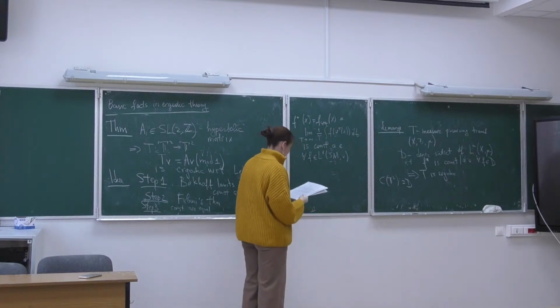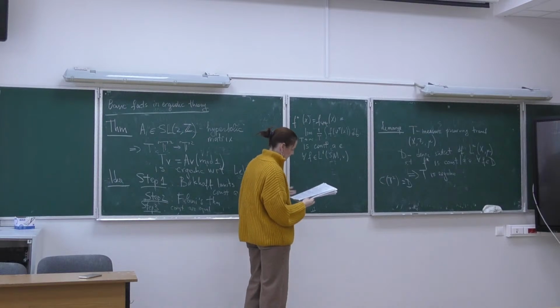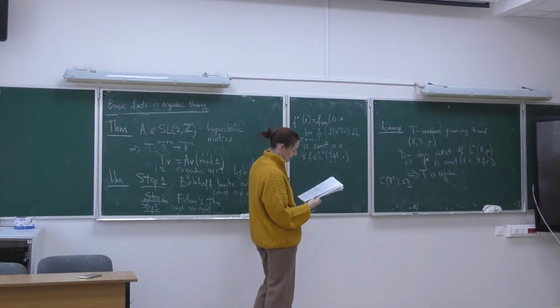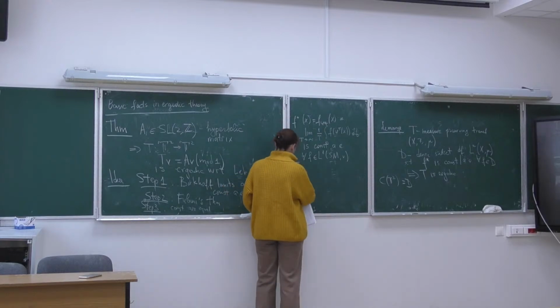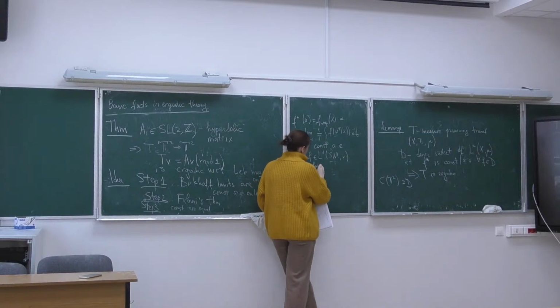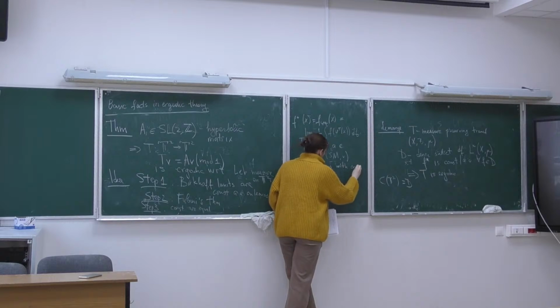So it's sufficient to check it for every continuous function with compact support, because these functions are dense in L1. So we will restrict ourselves to the continuous functions with compact support.